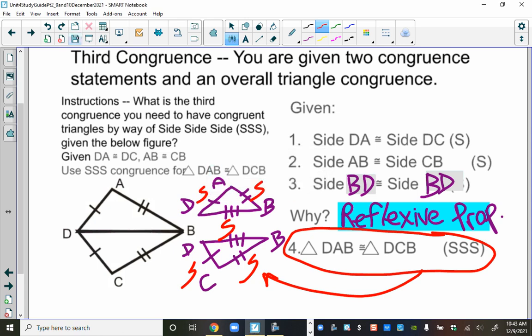Now, the last page is just going to be more of us filling in why things are congruent, why the triangles are going to be congruent to each other. So we're basically down to the last page.